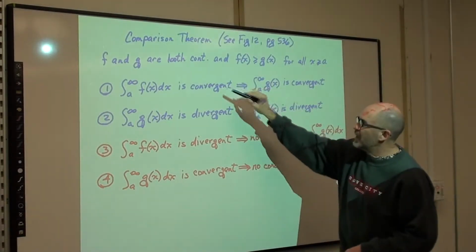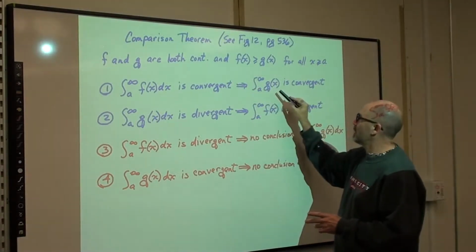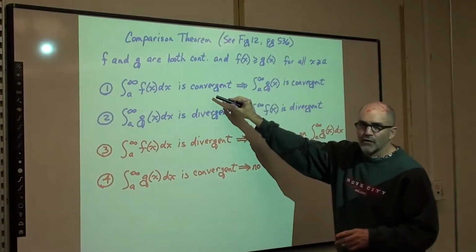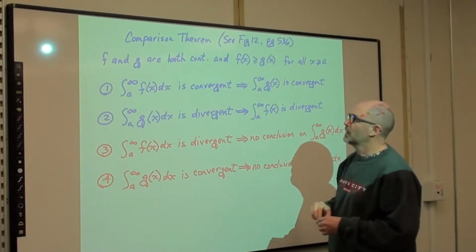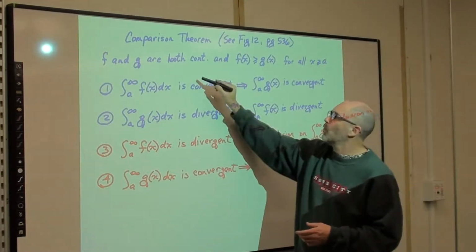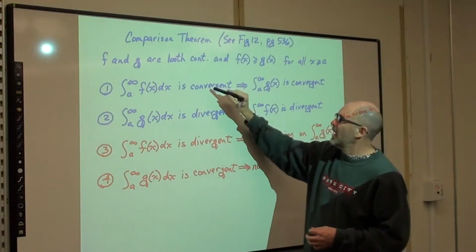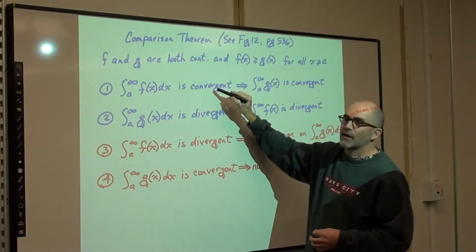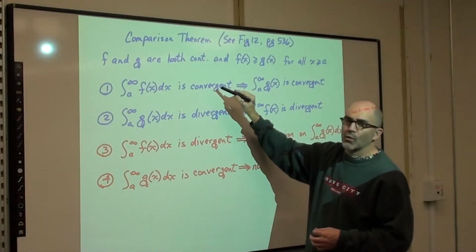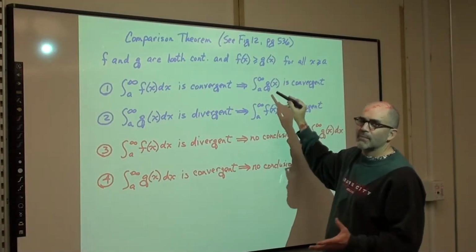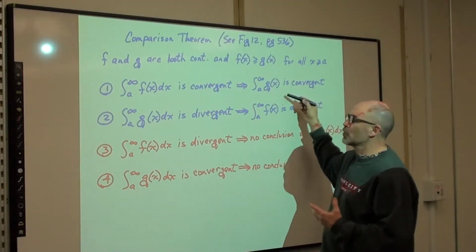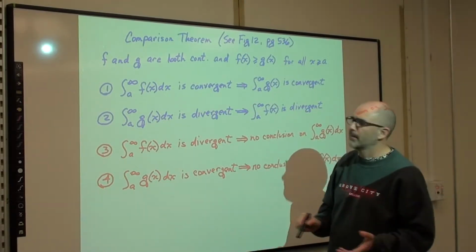Because if f of x is above g of x, and f of x converges, then g of x for sure converges. So if the hole in the f function is small enough that it's going to hold the oil, and the g function, the hole is even smaller, then for sure the g function has to hold the oil.